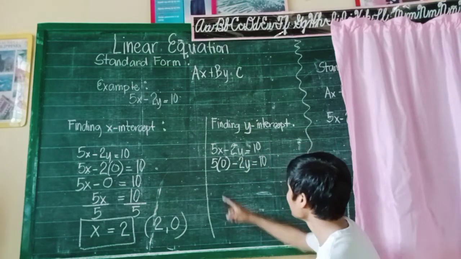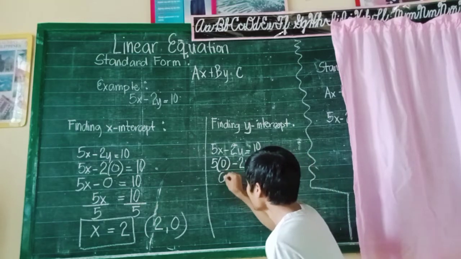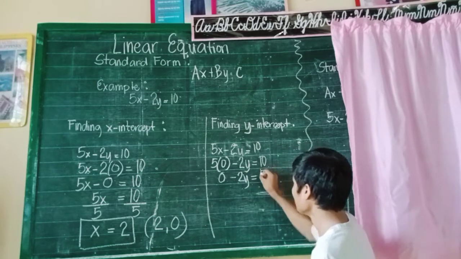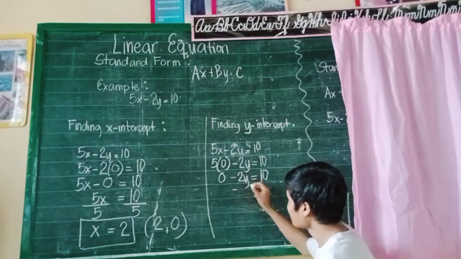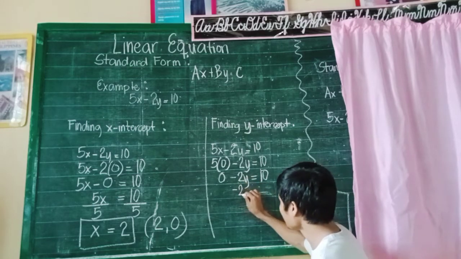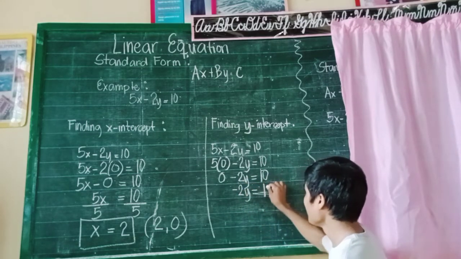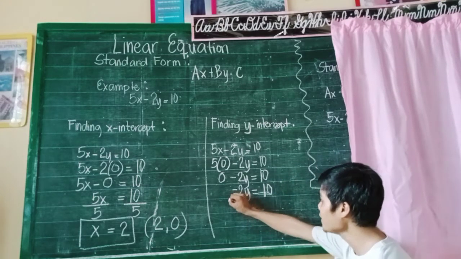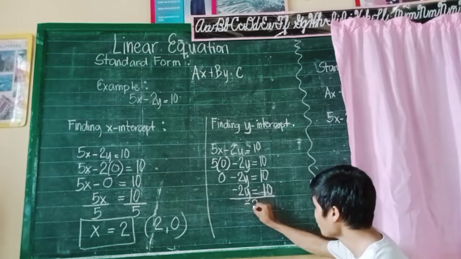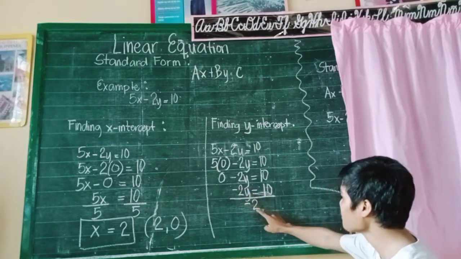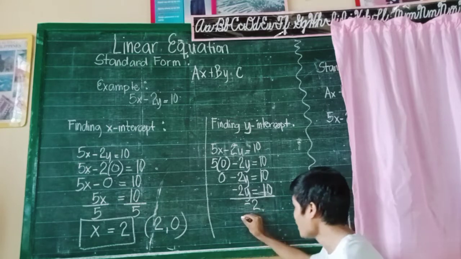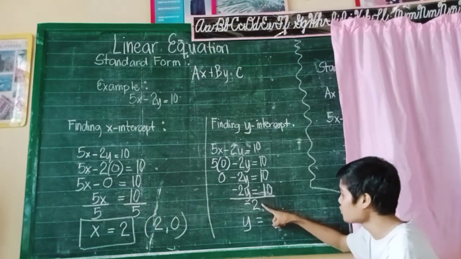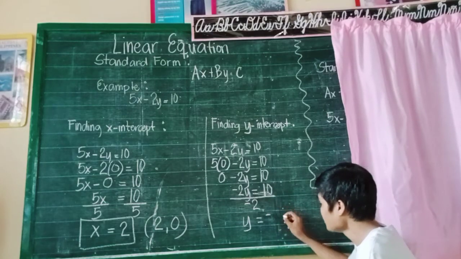And then 5 times 0 is equal to 0, so negative 2y is equal to 10. In finding the value of y, we would divide both sides by negative 2. So negative 2y divided by negative 2 is y, and 10 divided by negative 2 is negative 5.